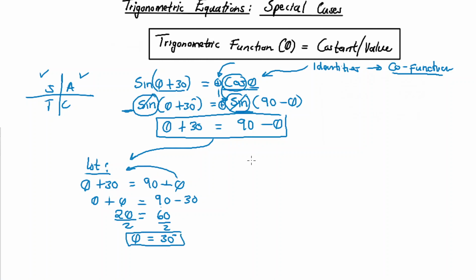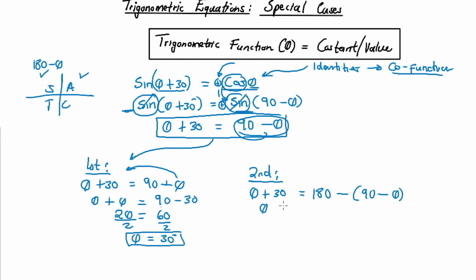Now, for the second quad, it's just going to be theta plus 30 degrees is equal to, since the reduction formula here is 180 minus theta, it's just going to be 180 minus this angle, 90 degrees, minus theta. Theta plus 30 degrees is equal to 180 minus 90 plus theta.